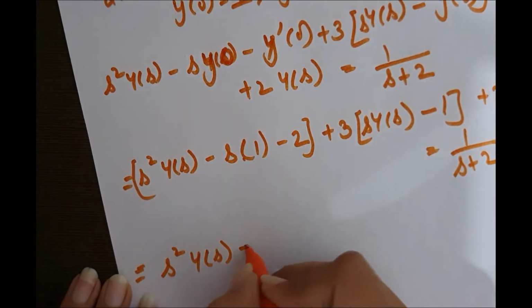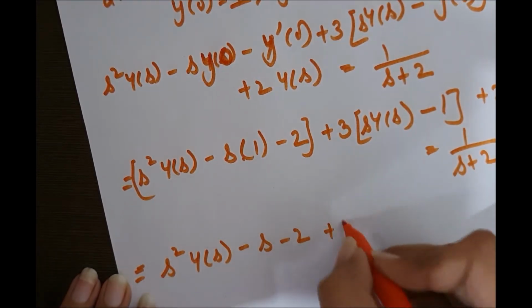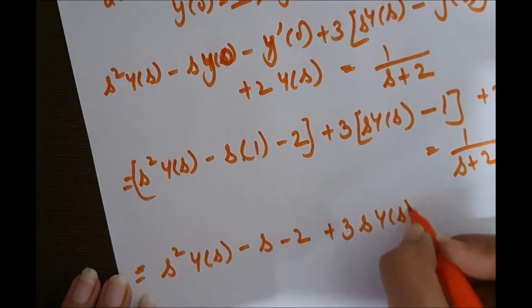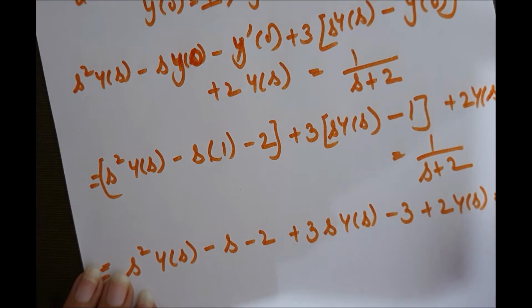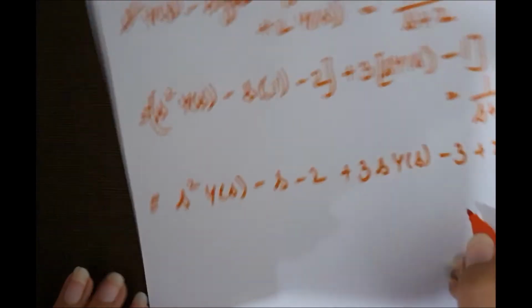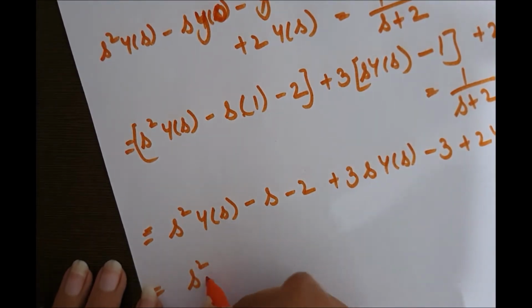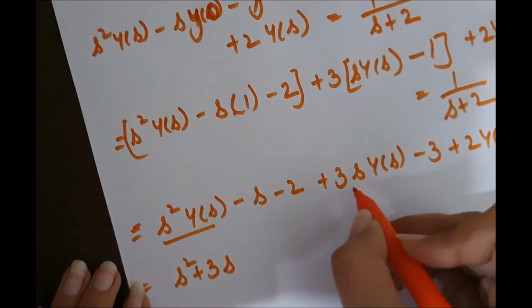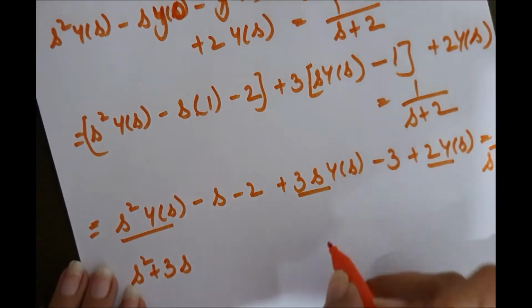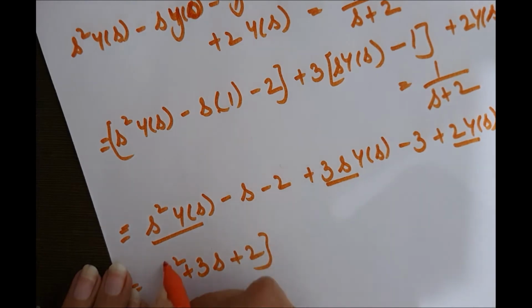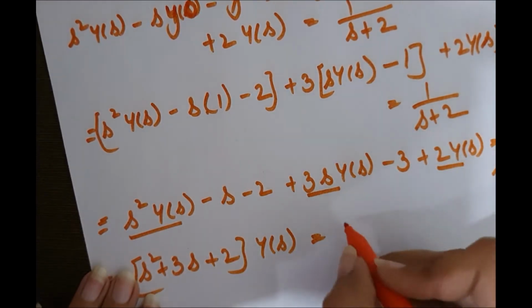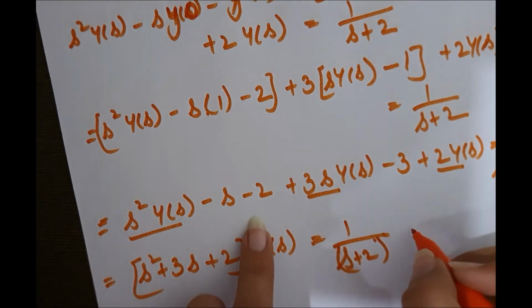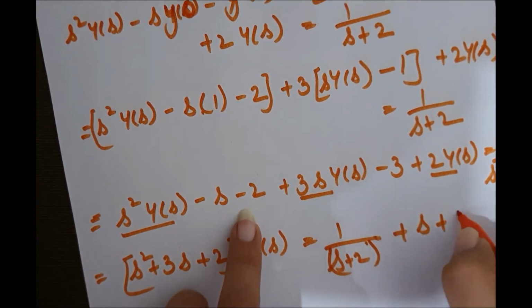Here Y(s) minus s minus 2 plus 3s Y(s) minus 3 plus 2 Y(s). It will be s square plus 3s plus 2 Y(s). And take this term to the other side. It will be plus s plus 5.